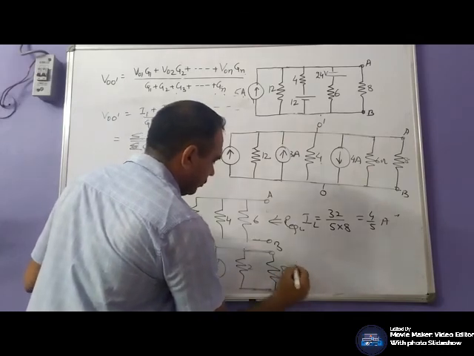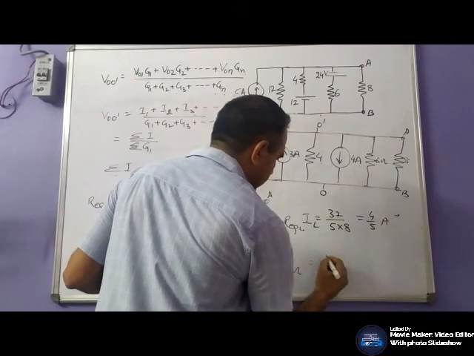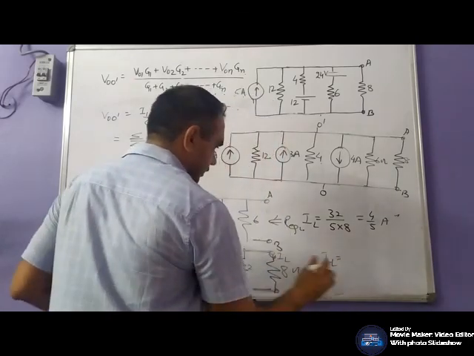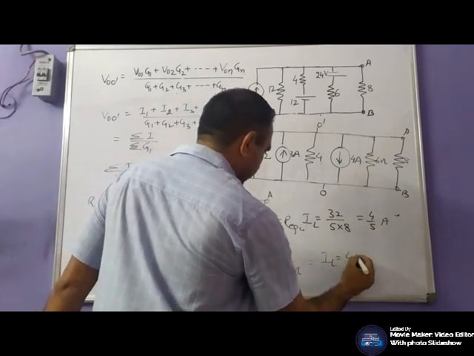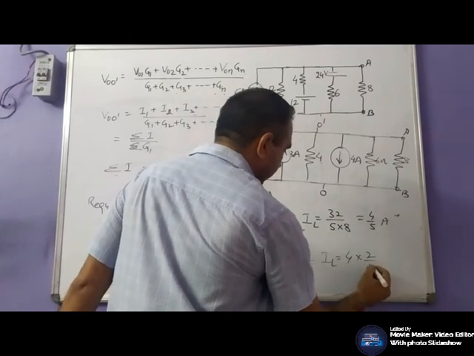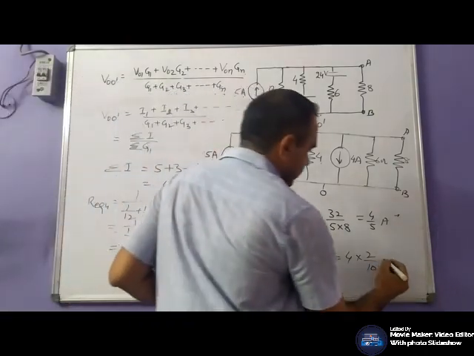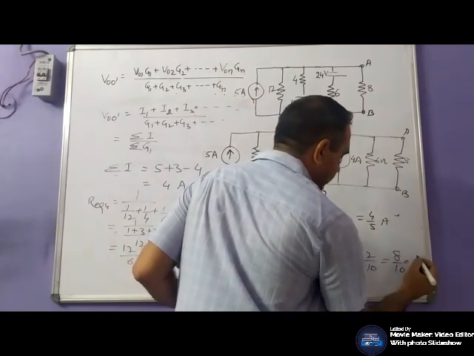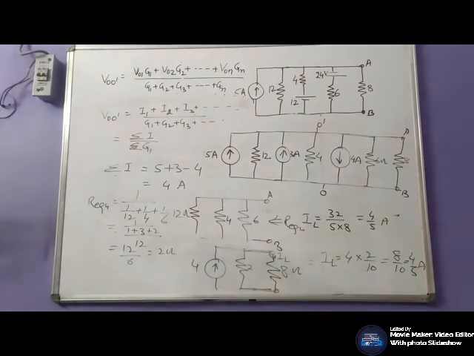RL was 8 ohm. So what would be the load current? IL would be total current times resistance of the other branch divided by sum of the resistances, 8 by 10, that is 4 by 5 ampere.